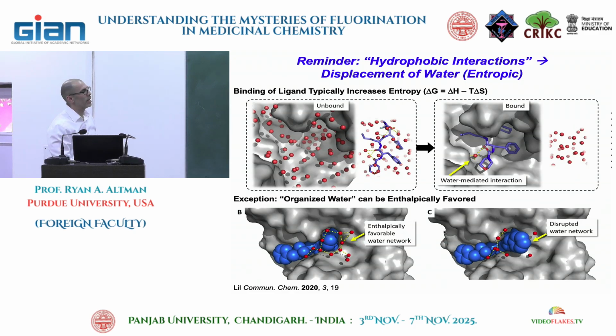So the general trend is shown here. Well-positioned grease can displace water and improve the entropy of the system, but sometimes that's not always favored in every single example. And many times most modeling systems don't explicitly track water that's bound right around the ligand there. Sometimes you have to actively model that in, and when you have more extensive networks, that's even tougher.